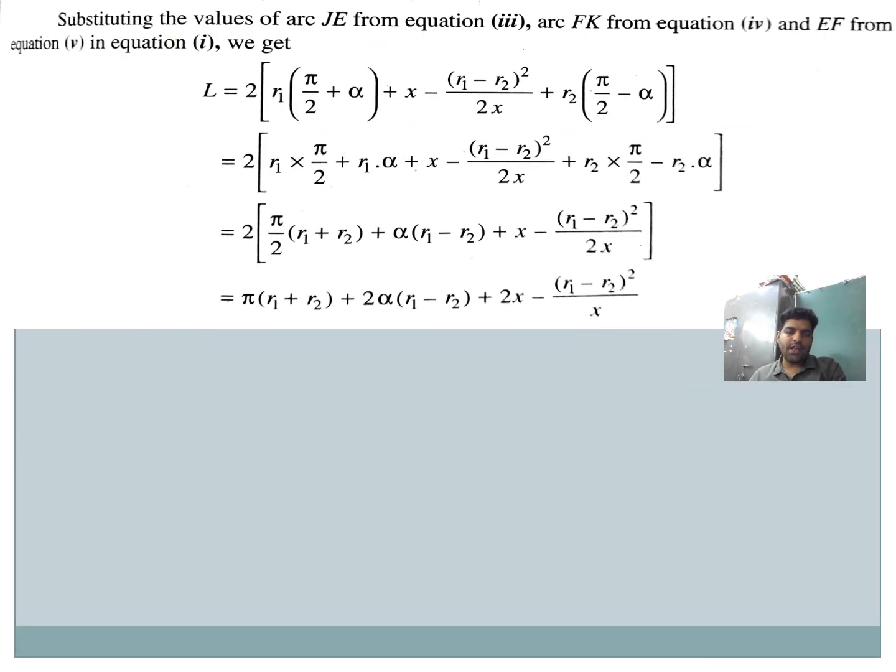Now putting all the values of arc JE, arc FK and the value of EF in the equation, L equals 2 into [R1 into (pi by 2 plus alpha), plus the value of EF, that is x minus (R1 minus R2) whole square divided by 2x, plus the value of FK, that is R2 into (pi by 2 minus alpha)].